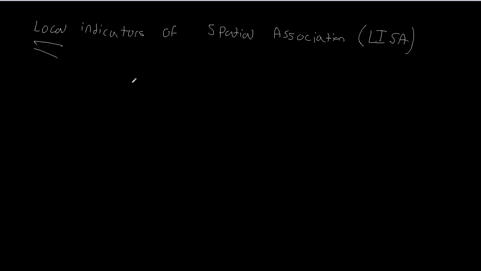So again, local indicators of spatial autocorrelation, or LISA, right? Describe, I'll see if I can do this with a little bit better handwriting, right?